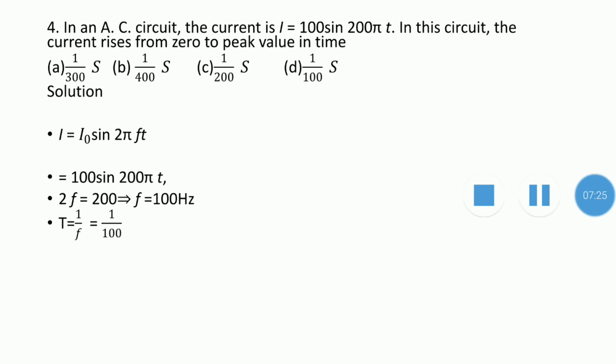it is not a correct answer, because see the question, they have asked for the time taken to rise the current from 0 to peak value. So within what time will the current rise from 0 to peak? It will take T by 4 time to rise from 0 to peak value.